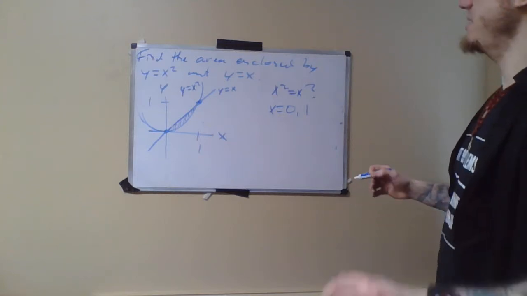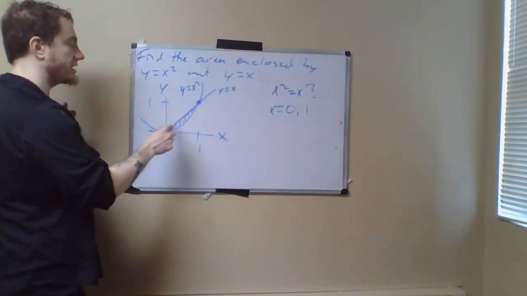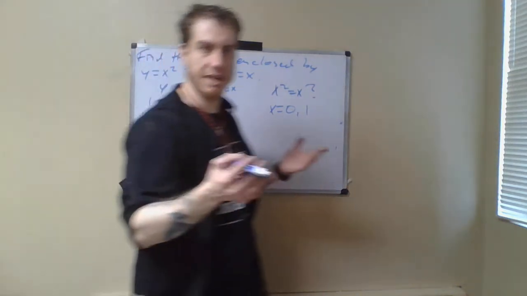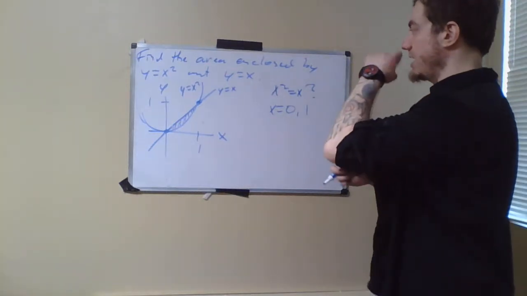In a more complicated example, we would just be doing the same things. To find where this region begins and ends, we just need to figure out what are these 2 points of intersection, okay? So same kinds of ideas, even if this becomes more complicated.